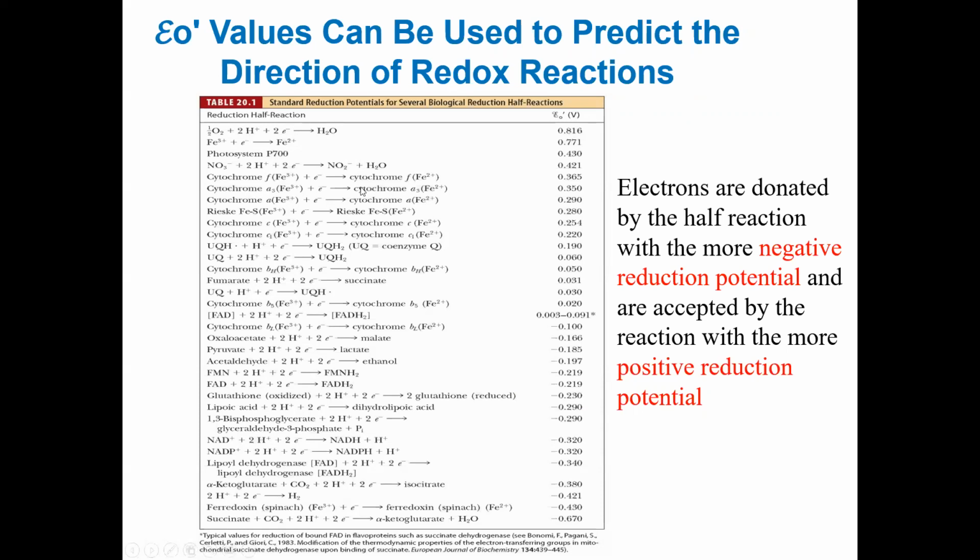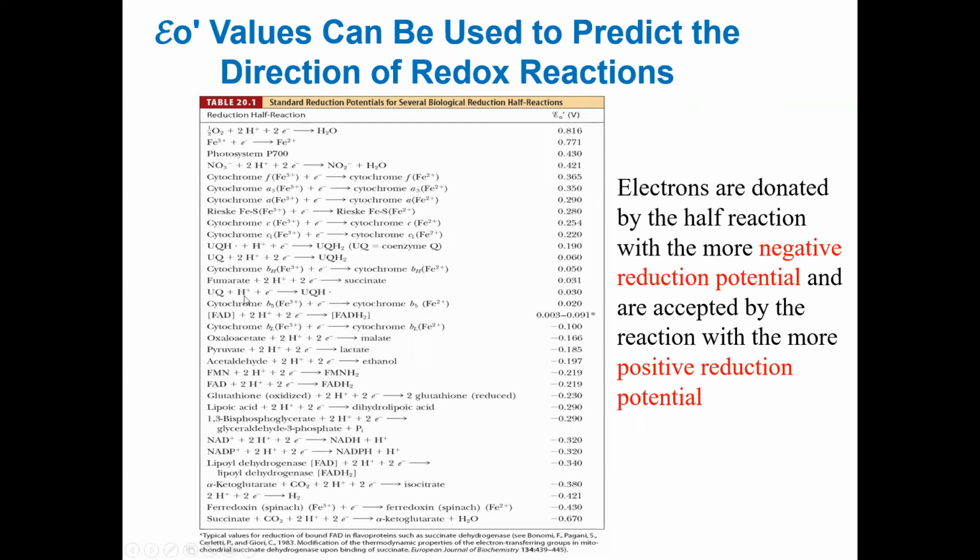Then cytochrome c, and various cytochromes, some of which you will see today. You can see that the reduction of cytochrome c is 0.254 volt, so it is less positive than the molecular oxygen reduction half reaction. This is very, very important conceptually for you right now.